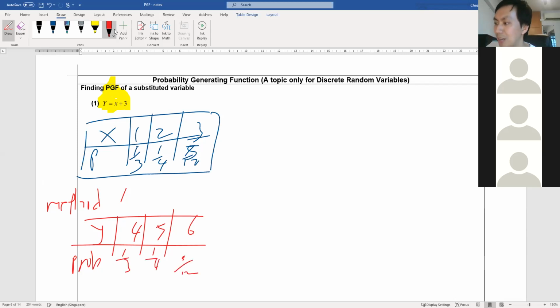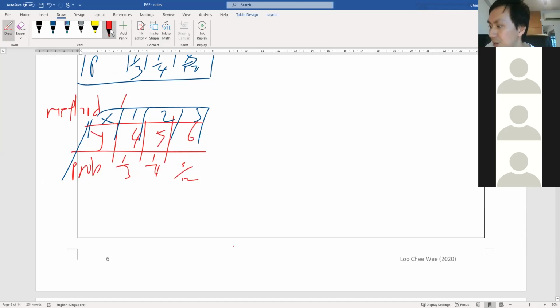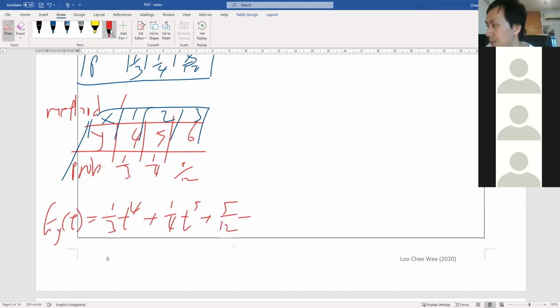So this is constructing the table from scratch. If you need a point of reference, X is still going to be 1, 2, and 3. Then from here, you simply say the PGF G_Y(t) is 1/3 t to the power of 4 plus 1/4 t to the power of 5 plus 5/12 t to the power of 6.